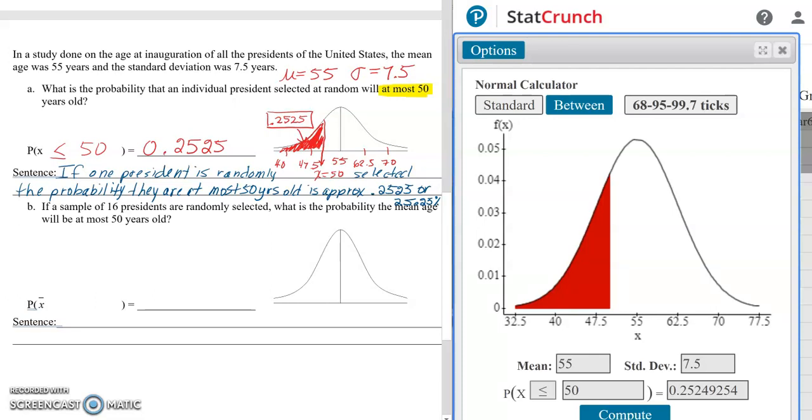Continuing on, we're now going to look at a sample of 16 presidents that are randomly selected, and we're going to find the probability that the mean age will be at most 50 years old. Again, we're going to find the mean age, and instead of one president, it's a sample of 16 presidents. It's still at most 50 years old.